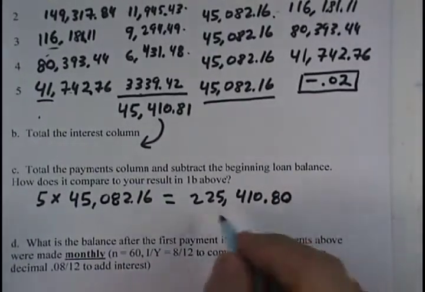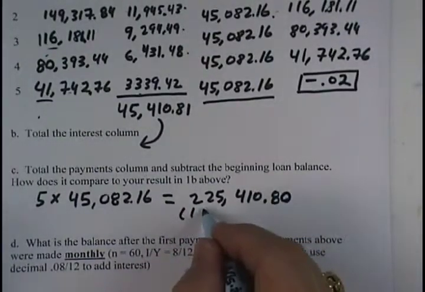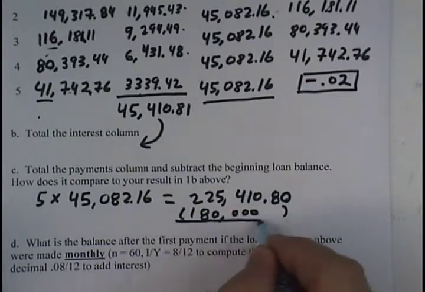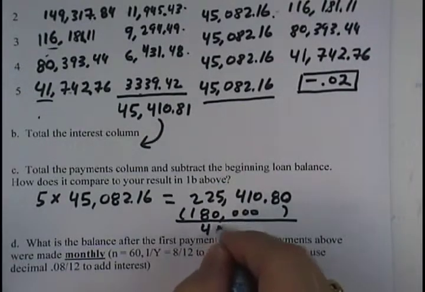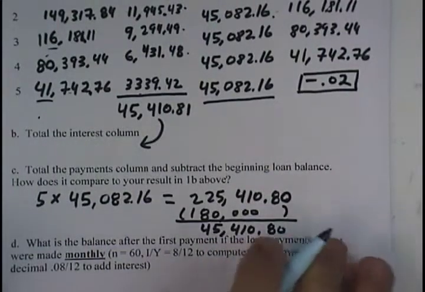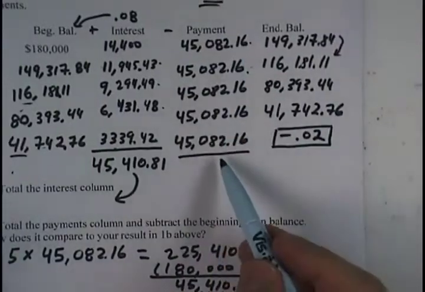If I subtract that beginning loan balance of $180,000, then I get $45,410.80.